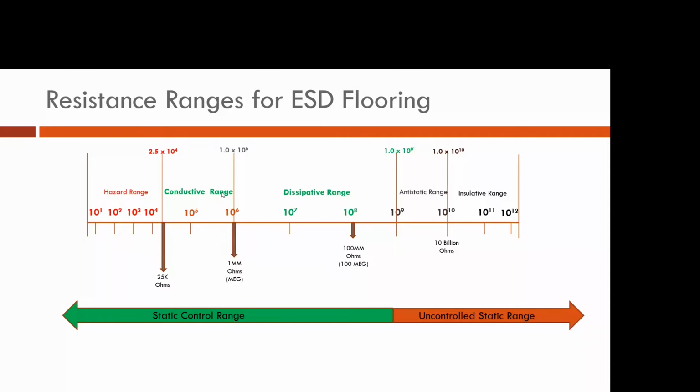And dissipative is going to be 10 to the 6th to 10 to the 9th. That is going to be 1 million to 1 billion ohms. Again, there is no sweet spot. It's dependent upon the application that you're using or the sensitivity of the equipment that you're working with, but that's what should dictate whether you're going to go with conductive or dissipative.